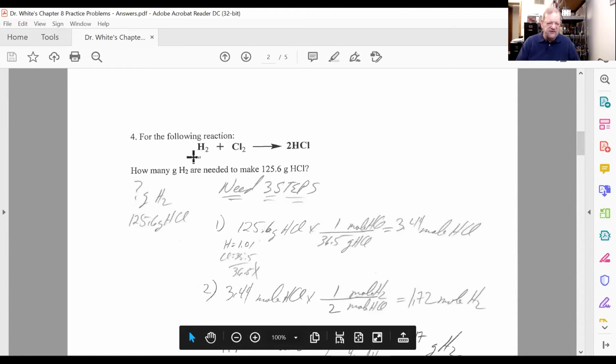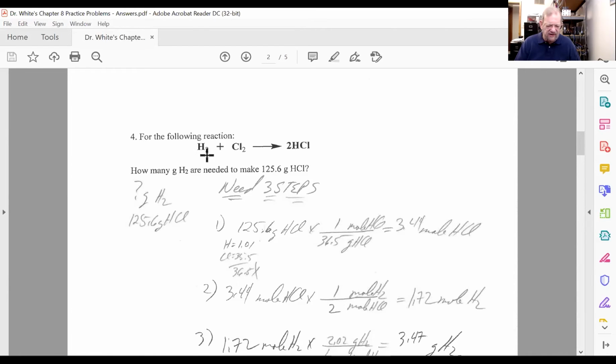From the balanced chemical equation. For every 1 mole of hydrogen, I make 2 moles of HCl. Remember, the coefficients of a balanced chemical equation are molar ratios. So when there's no number, it's number 1. For every 1 mole of hydrogen, I make 2 moles of hydrochloric acid, HCl.